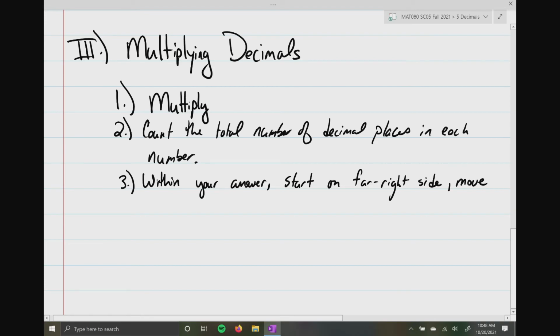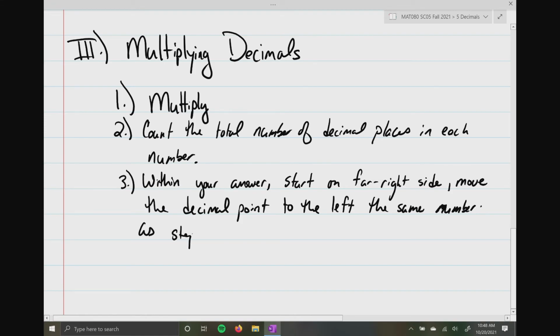Move the decimal point to the left the same number as step 2.